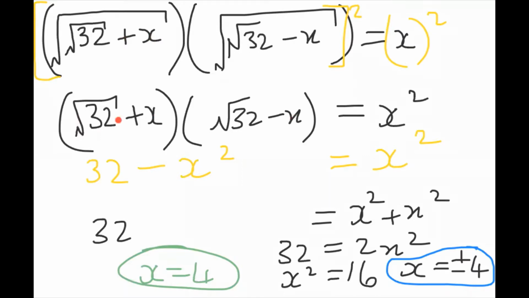Here I used the square root of 32 times 32 is that. X times x is x squared. From there, I simplified and got to x squared equals 16. X equal to plus or minus 4, but I've chosen x equal to 4. It just makes more sense in this equation, and I'm also looking at the answer sheet, which confirms x is equal to 4.